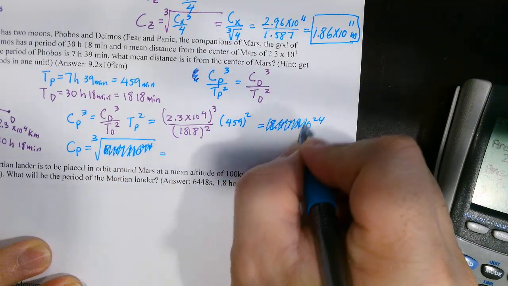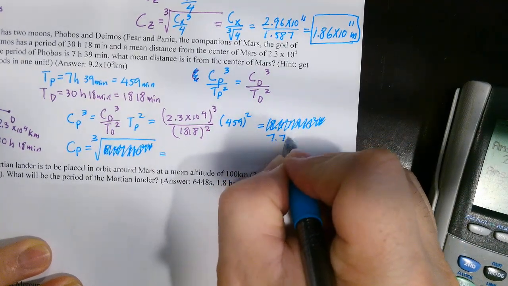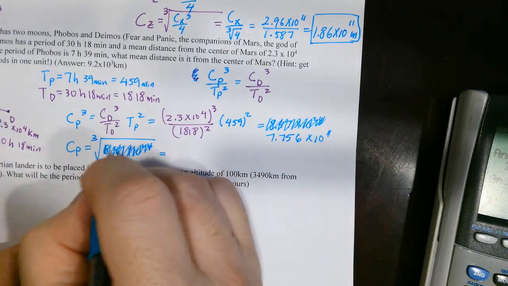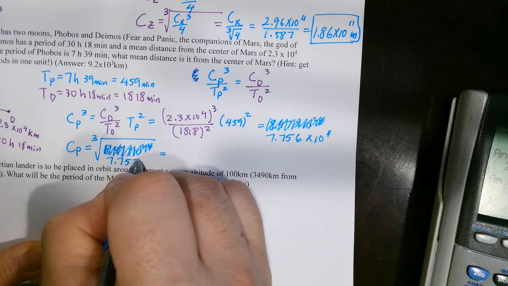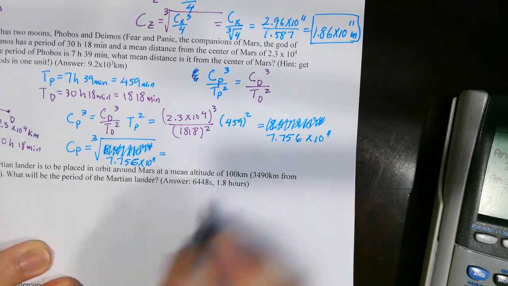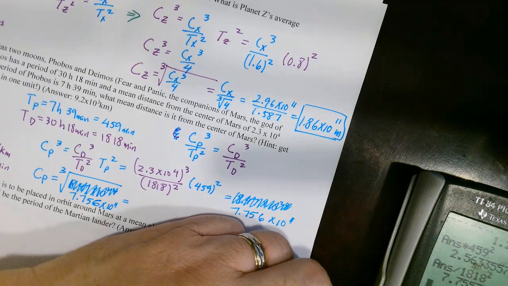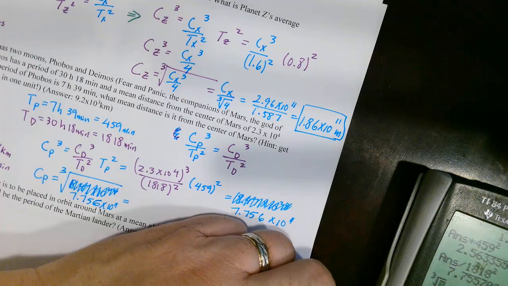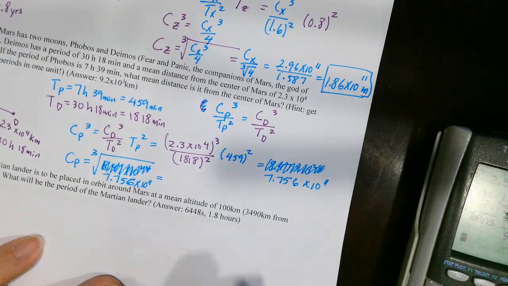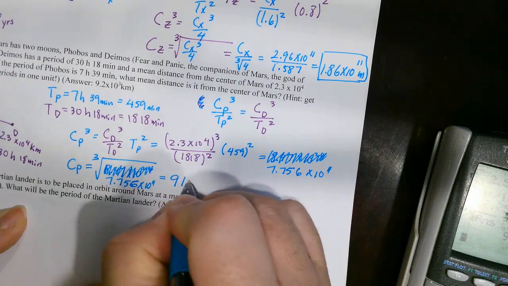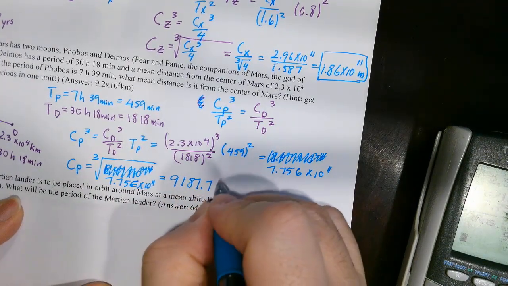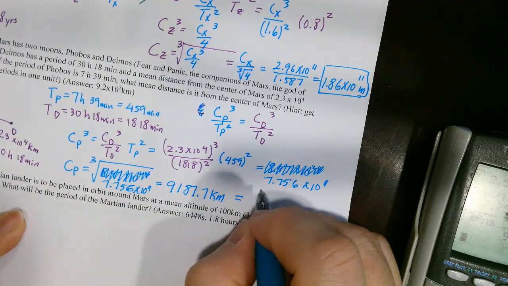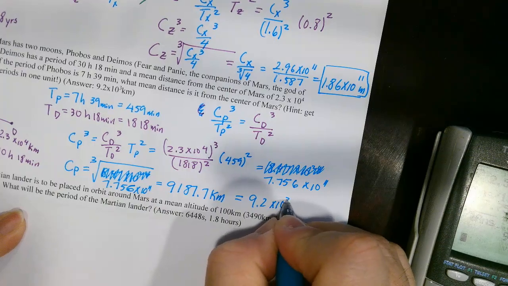So this should actually be 7.756 times 10 to the 11th. And if you cube root that, you should get 9,187.7 kilometers. Therefore, you get 9.2 times 10 to the third kilometers.